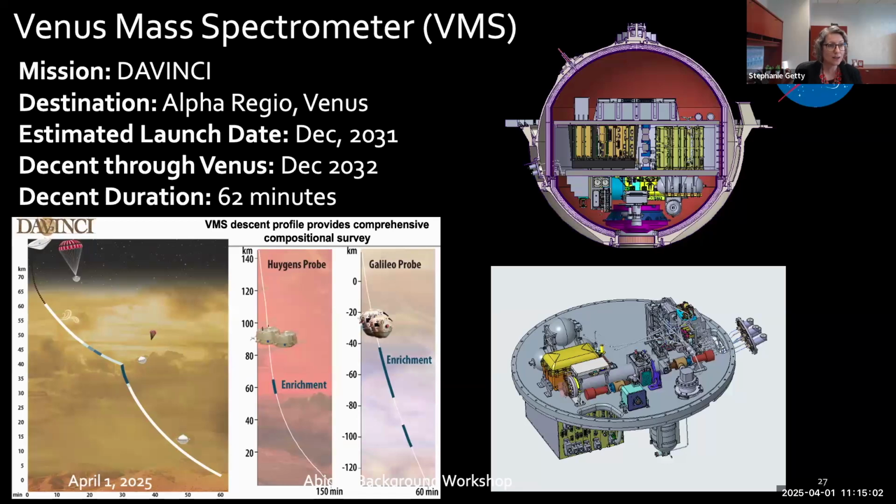Of course, the cloud region is relatively habitable, relatively clement, approximately Earth-like pressures and temperatures if you ignore all of the sulfuric acid.